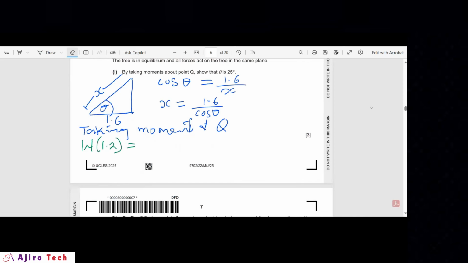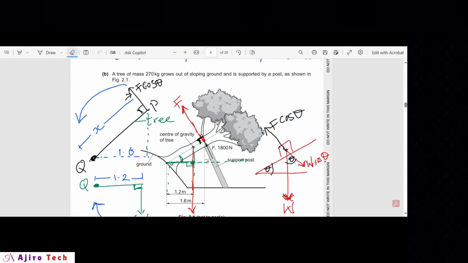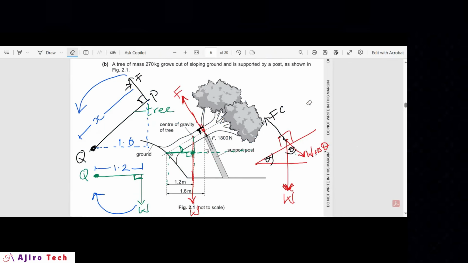Oh, wait, no, this is ordinary F. According to this question, they call it F. This line has been referred to as F. Normally this mg cos theta would give us a weight component, but it's represented by F according to the question.